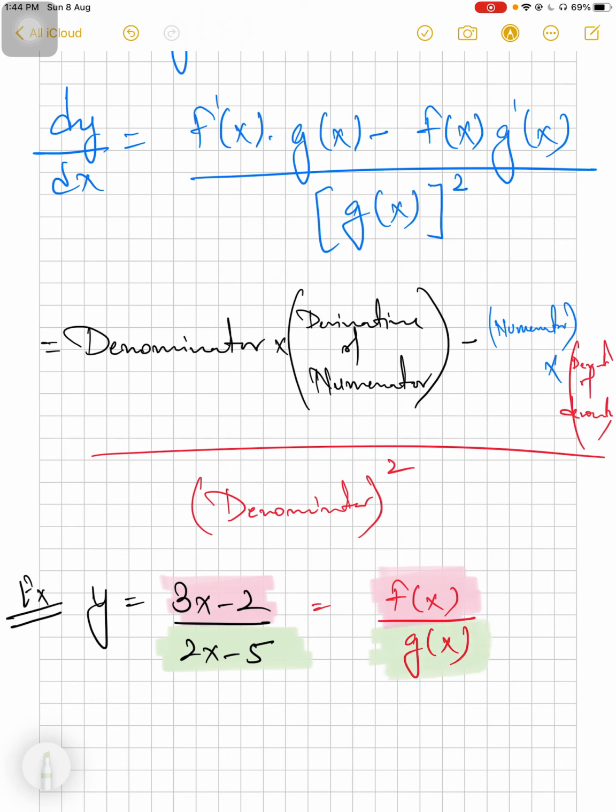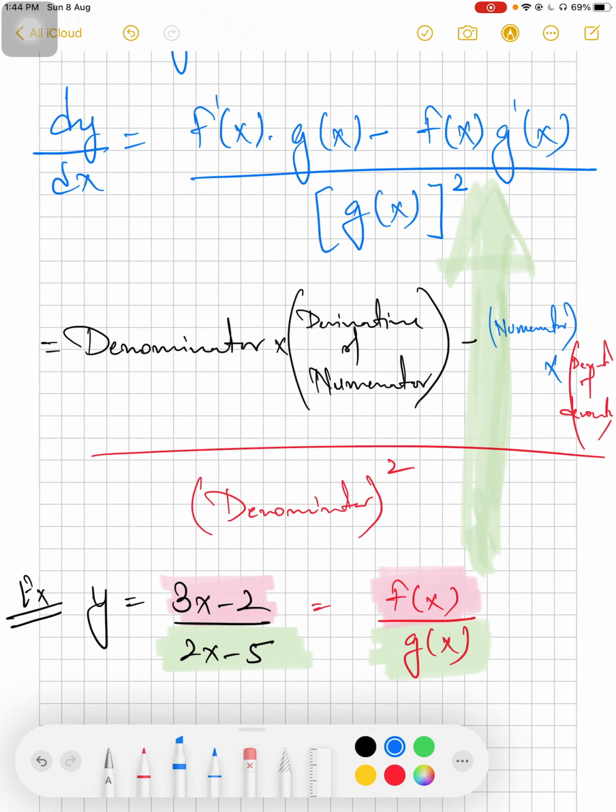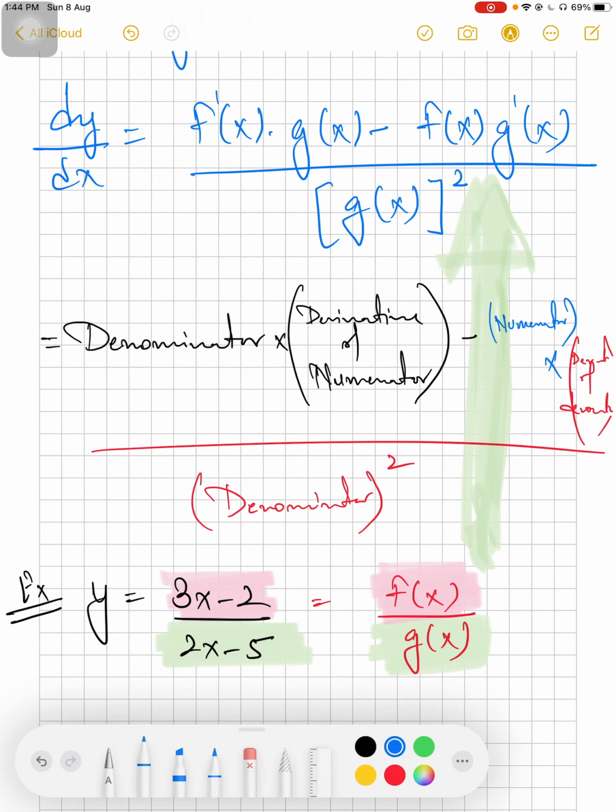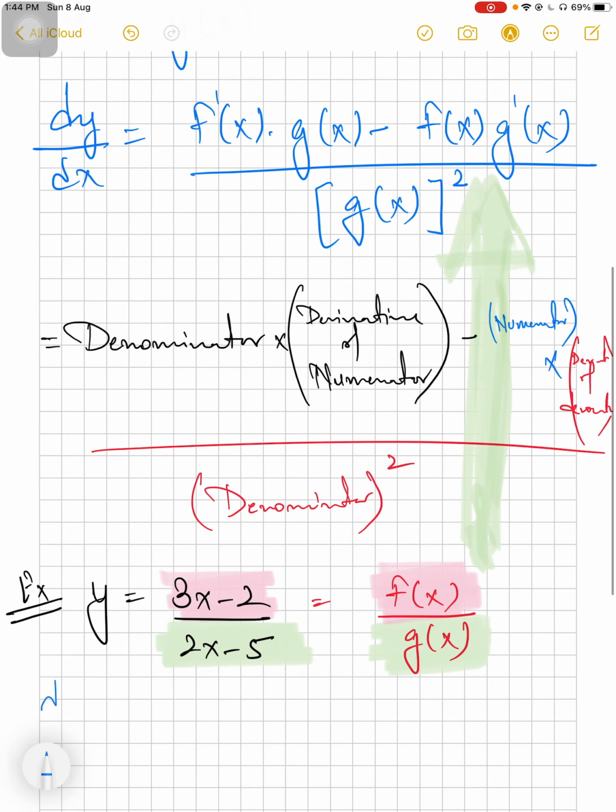Now we'll apply this rule which is here on the top. I'm going to assume that we are thorough with power rules, so I'm not going to do steps for that.